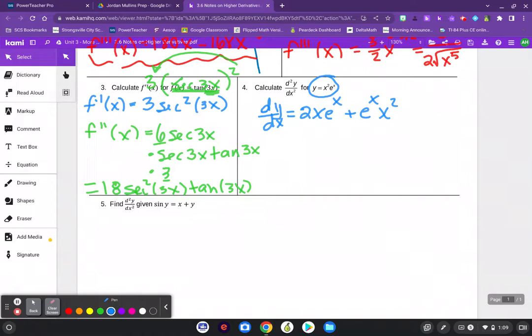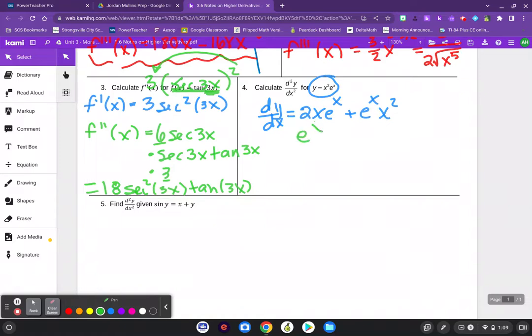And that's fun. Now, there are a couple of things I could do from this point on. My answer key does the product rule twice. So my answer key says, okay, well, I have a product rule here to do, and then I have a product rule here to do, and I'm going to add those results together. Could do that. I could factor out things that they have in common. And so I could just do it as an e to the x if I wanted.